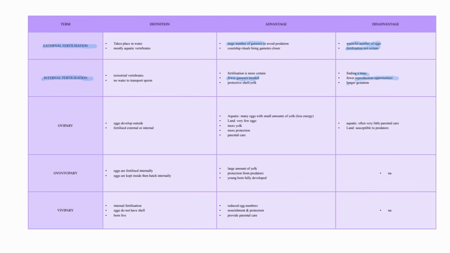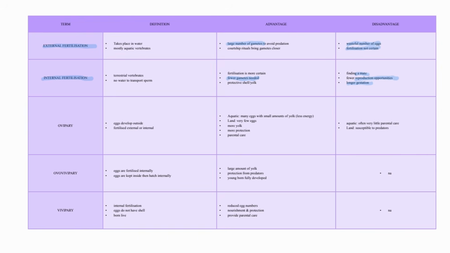And the big one is longer gestation, which means you're either pregnant for longer or you are looking after your offspring for longer, because generally most internal fertilization animals are animals that have long-term parental care, or they sit on their eggs, or they keep their egg internal until it hatches, and then they still look after it once it's hatched. Which brings me to my next point.